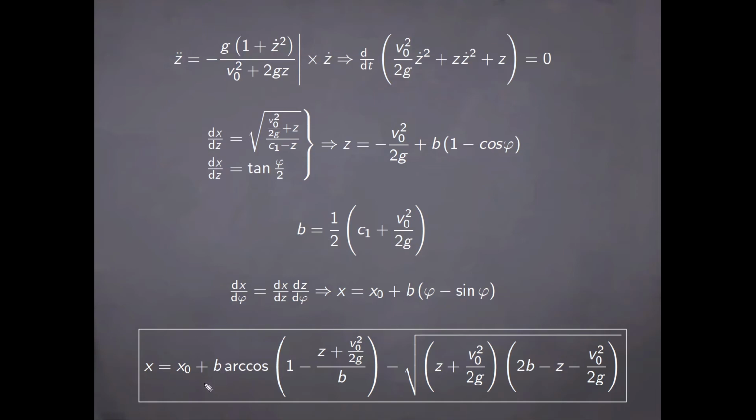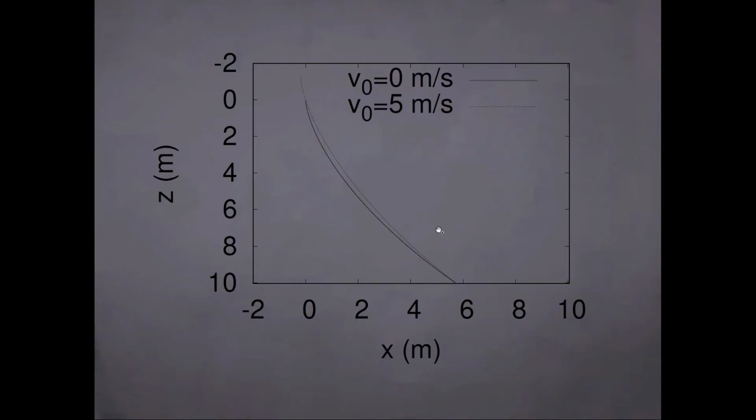Now the additional parameters x0 and b are found numerically from the condition that I want the trajectory to pass through the same endpoints as was the case in the previous example.